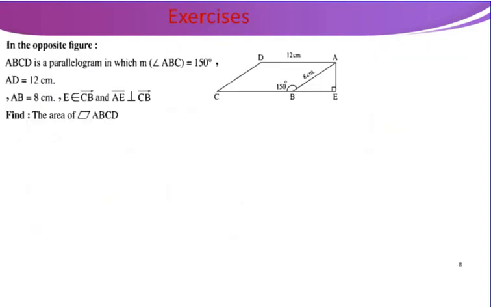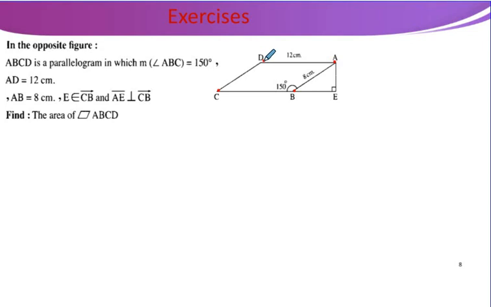In the opposite figure, ABCD is a parallelogram in which measure of angle ABC equals 150 degrees, AD equals 12 centimeters, AB equals 8 centimeters, E belongs to the ray CB, and AE is perpendicular to CB. Find the area of the parallelogram ABCD.